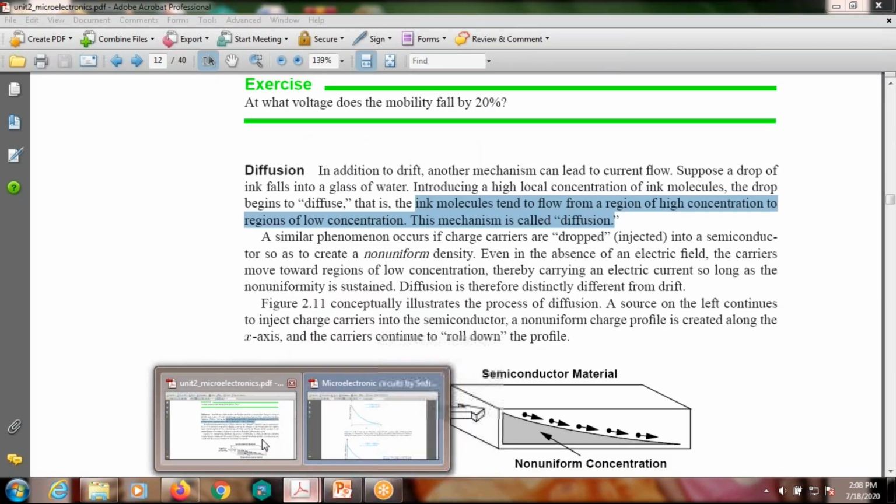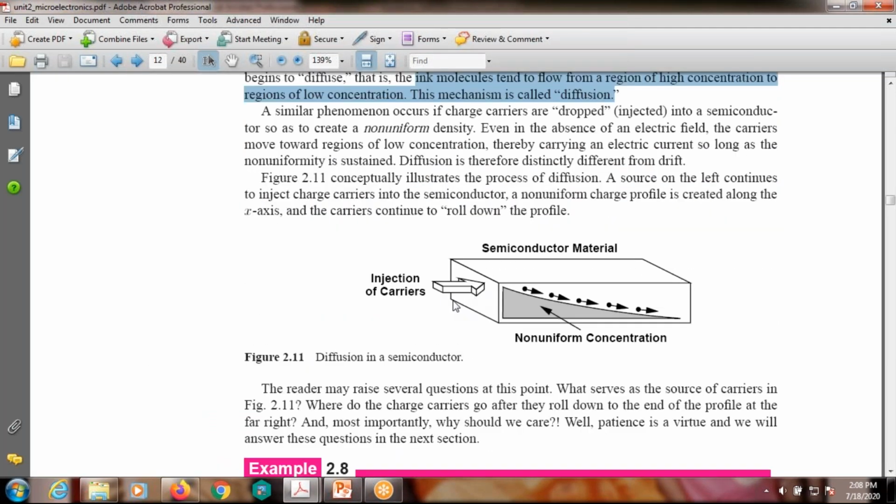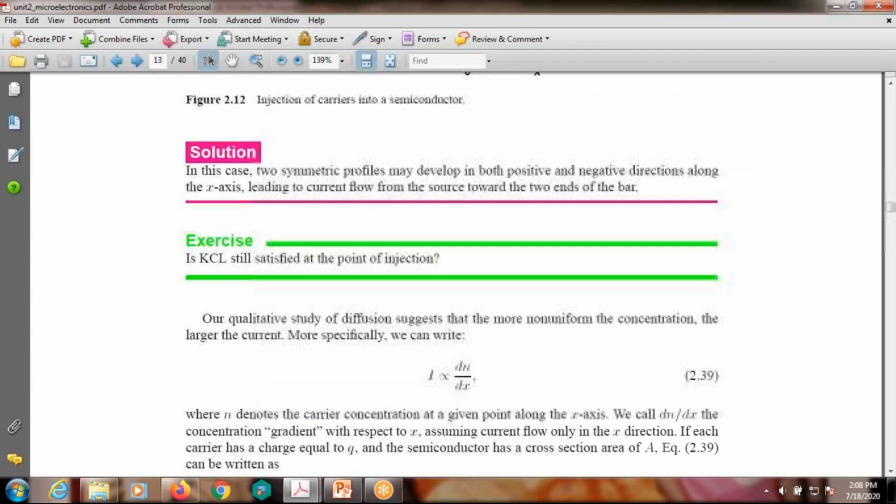Now this is the procedure. We injected some carriers into a semiconductor material. The flow is due to non-uniform concentration. We are observing that non-uniform concentration: the concentration at this point is very, very high, and as x increases, the concentration slowly decreases due to recombination.